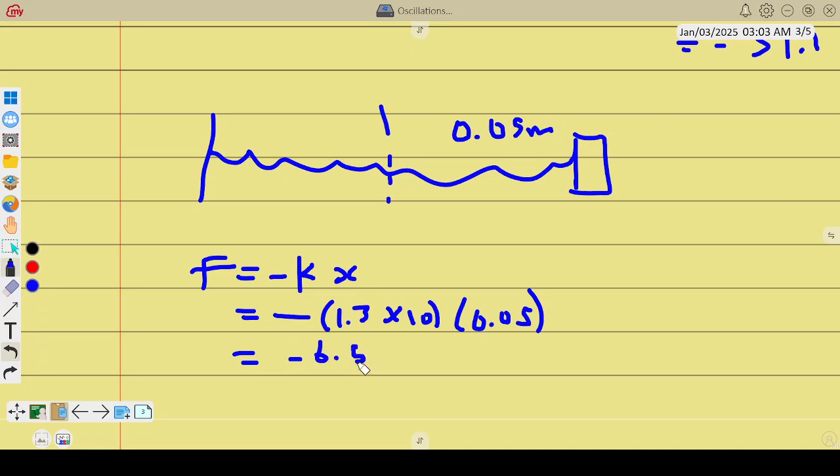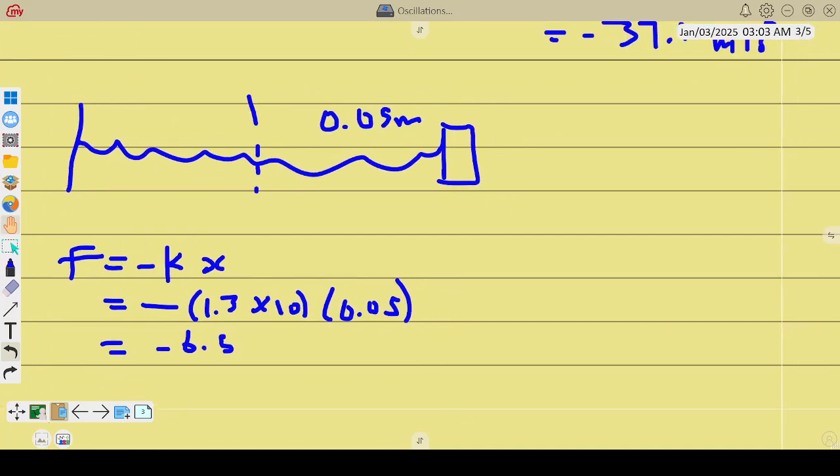That's the force. For the acceleration, you do the same. You write the formula: acceleration is equal to negative k over m times x. We know k, we know m, and we know x. It's just substituting. So you get negative 18.6.